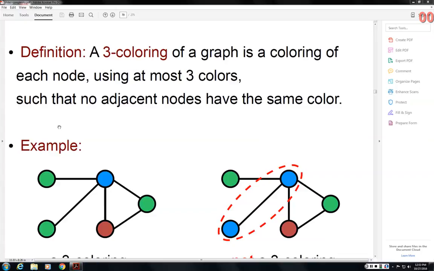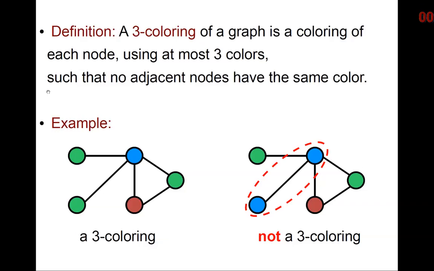So, next problem is the coolest of all that we see. So, a tree-coloring of a graph is a way to color the nodes of the graph with three colors: red, green, and blue, such that no adjacent nodes have the same color.